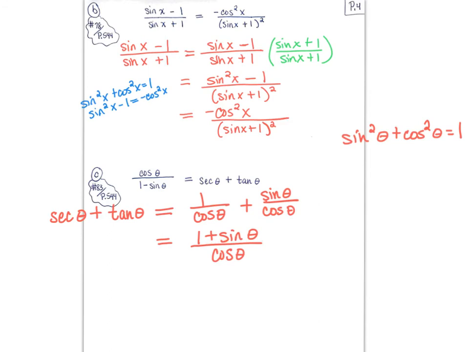That would give you 1 minus sine squared theta, and then you get cosine squared theta equals that. So we don't want to use that. What else can we do?